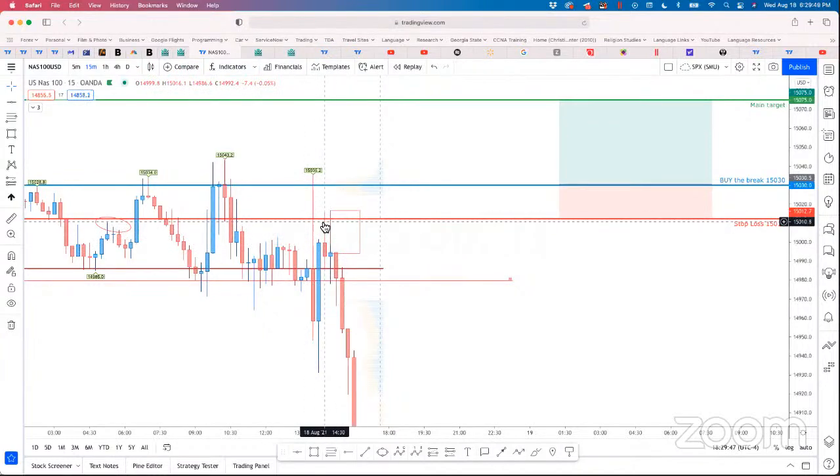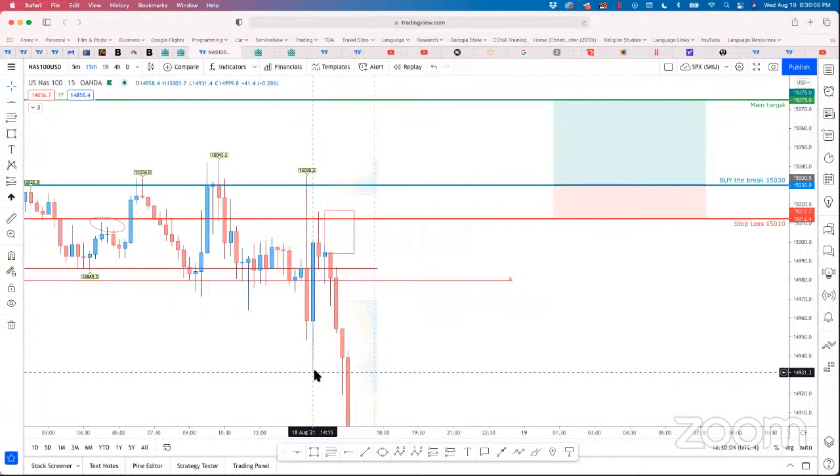If you still held this trade, once you saw price below the point of control, below the monthly, and this low got taken out, this trade is done. There is nothing else left for this trade at all.